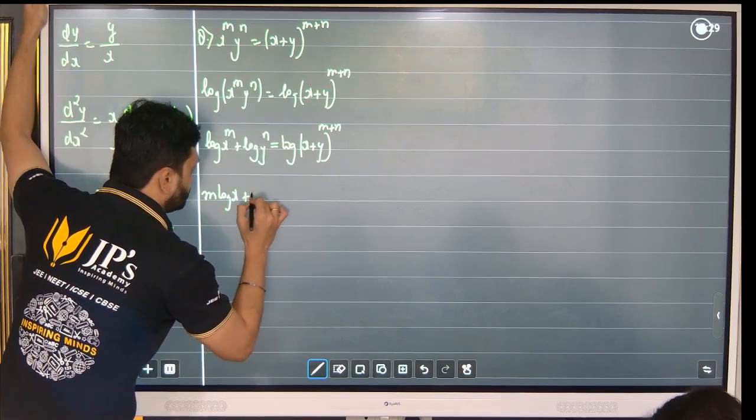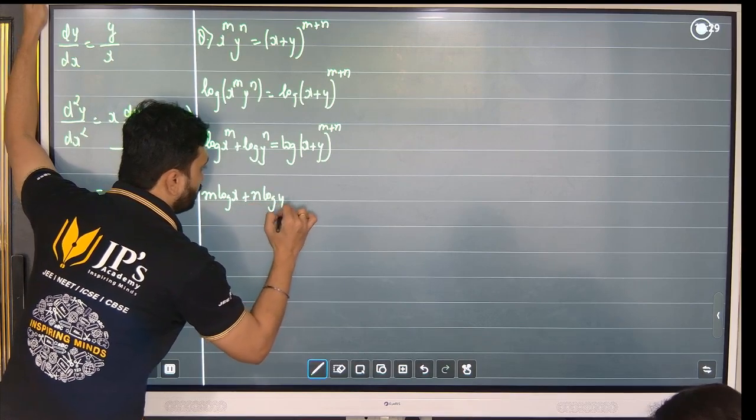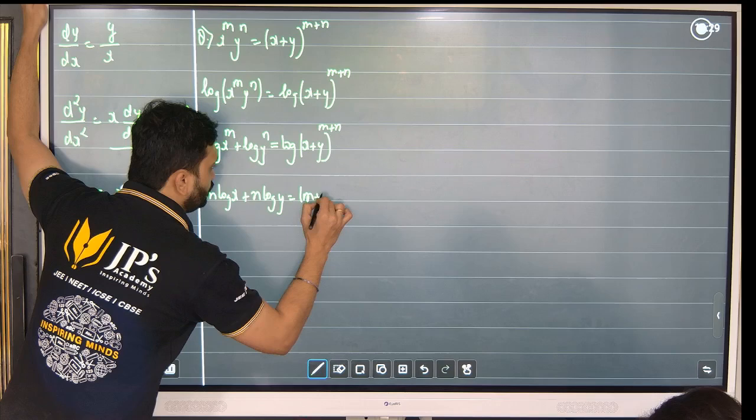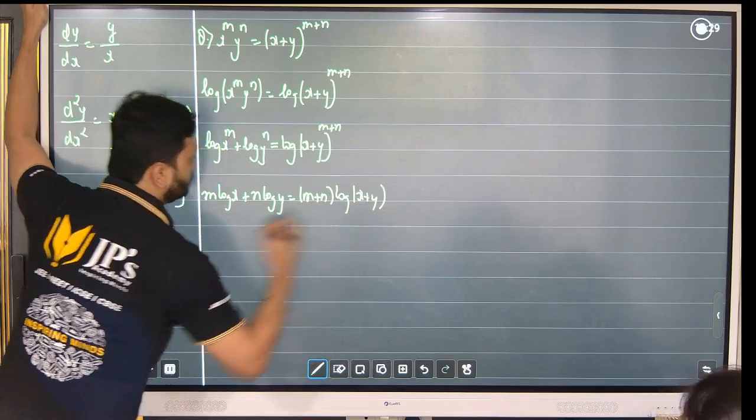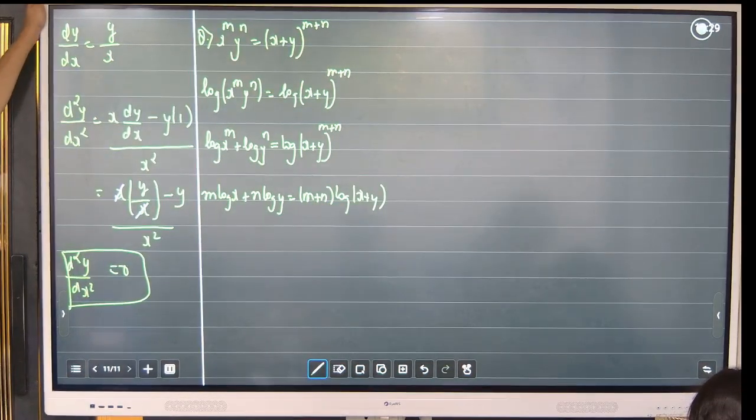So m log x plus n log y is equal to m plus n log (x plus y). Now I'll differentiate it.